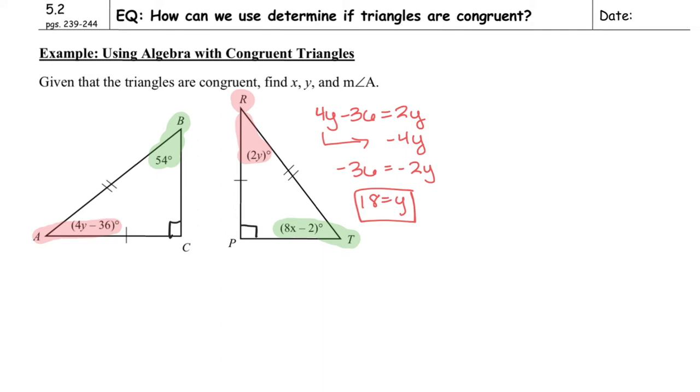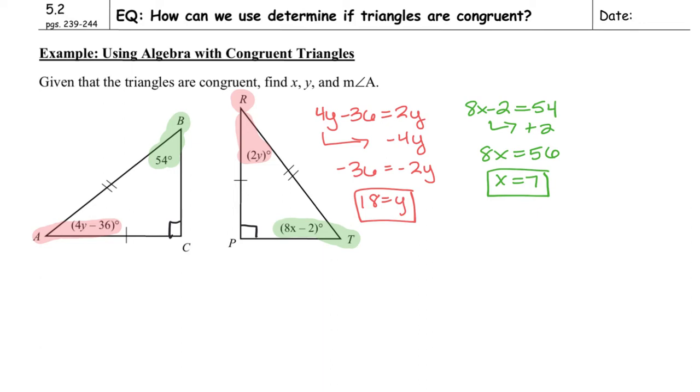So angle T is going to be congruent to angle B, which means I can set 8x minus 2 equal to 54. Then you just add the 2 over and you get 8x is equal to 56. Divide by 8, you get x is equal to 7.